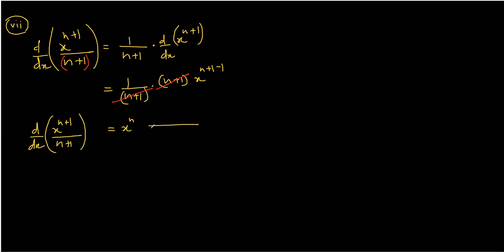So here now I apply the definition of integration. So if derivative of this thing is here, what I can write, my dear students, therefore, this implies integration of x raised to n dx is equal to x raised to n plus 1 upon n plus 1 plus c.